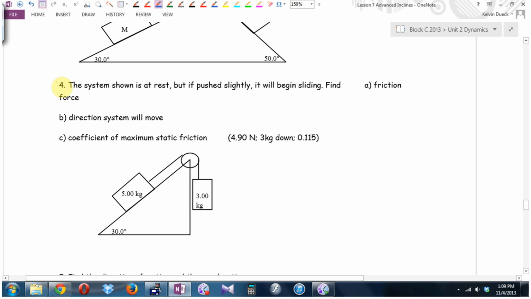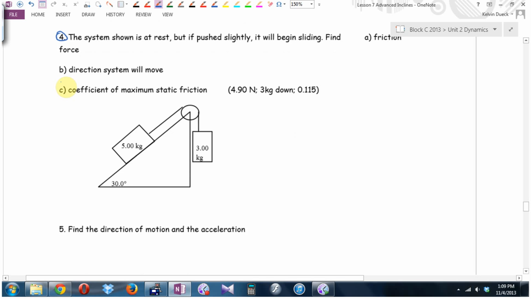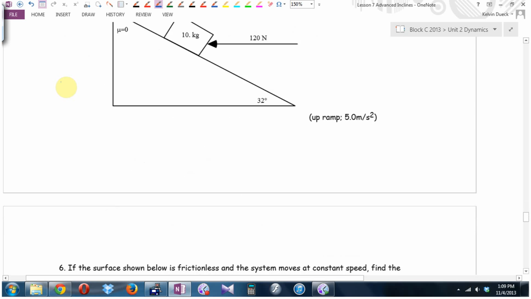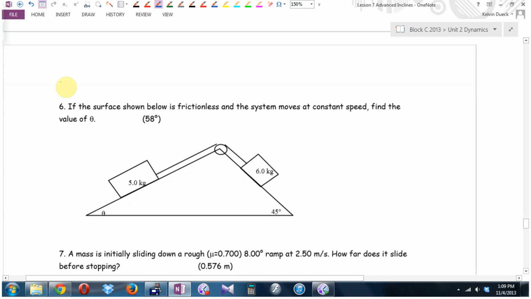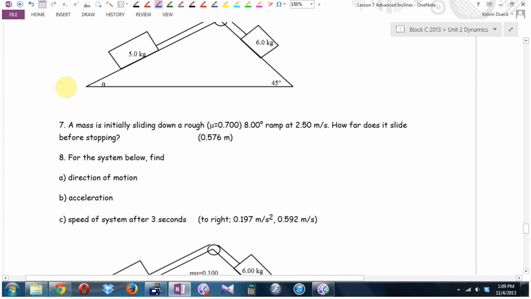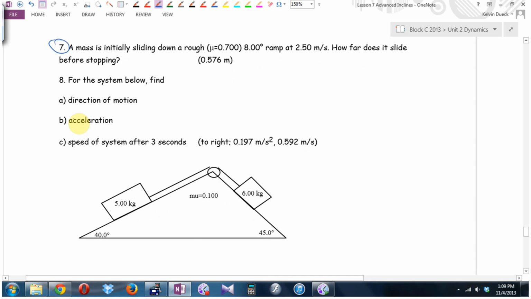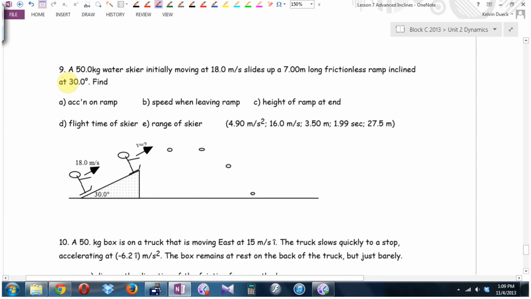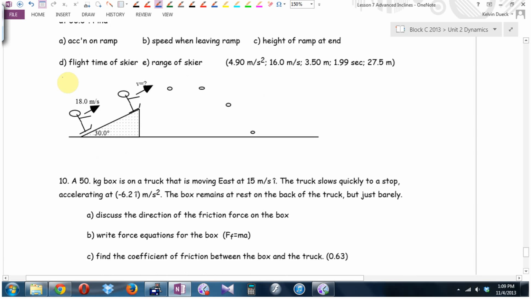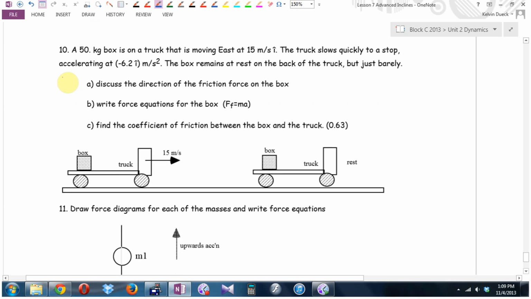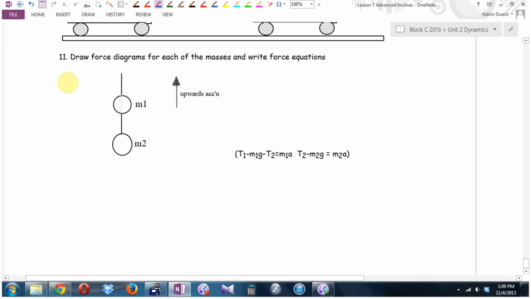Let's go 4. 7. And 8. Is there a 9? Nah. I'll stop there.